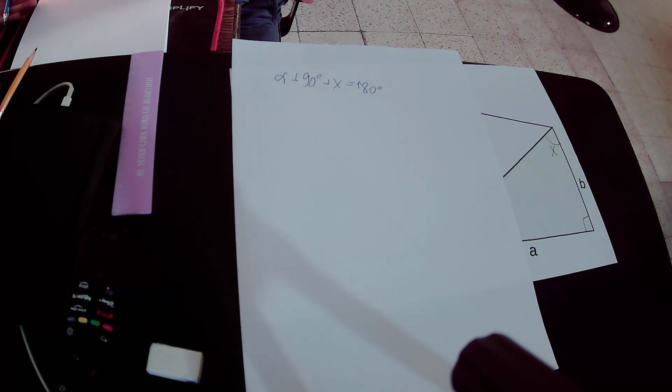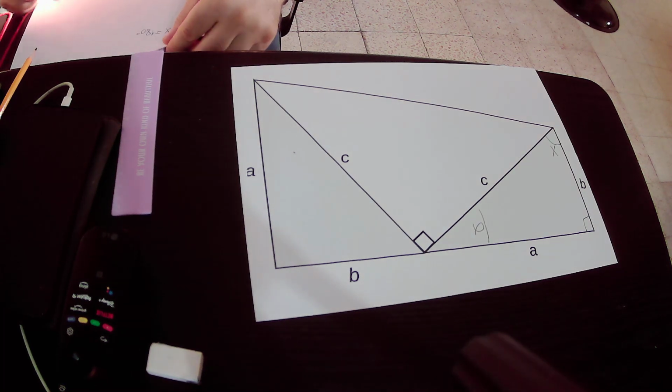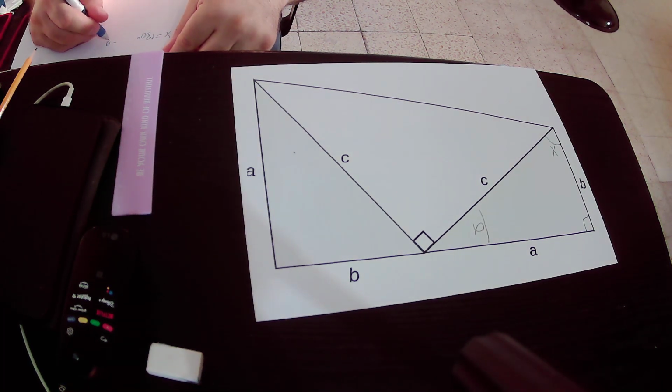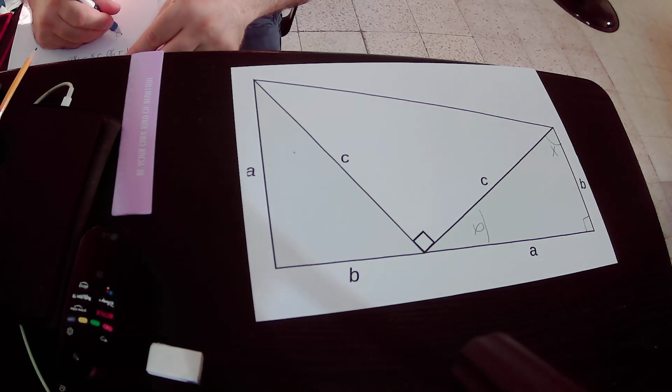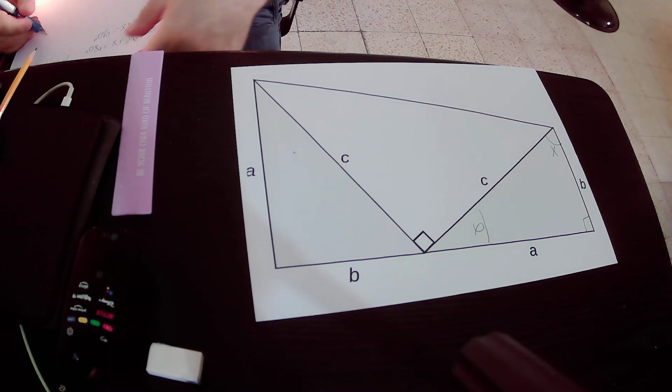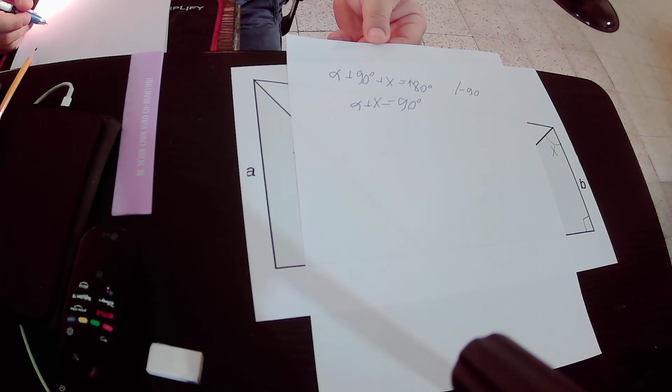Now we can subtract 90 degrees from both sides of the equation. So we will get that alpha plus x equals 90 degrees. Now we will subtract alpha from both sides of the equation.